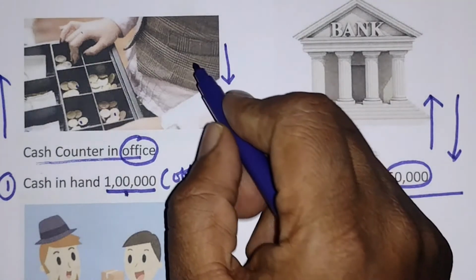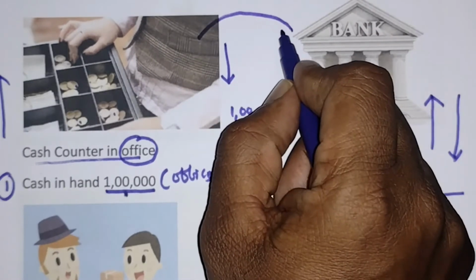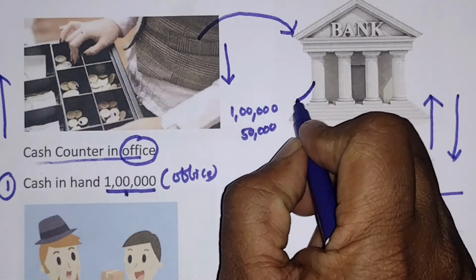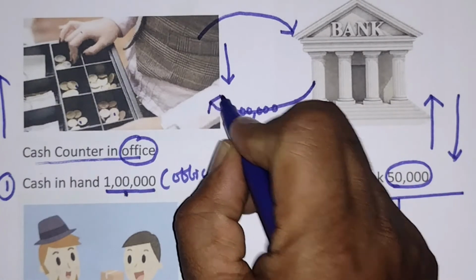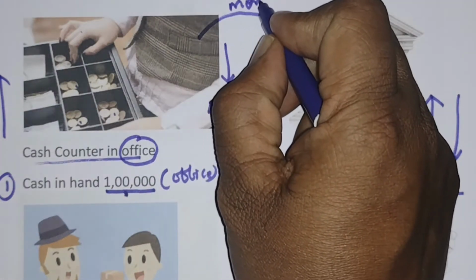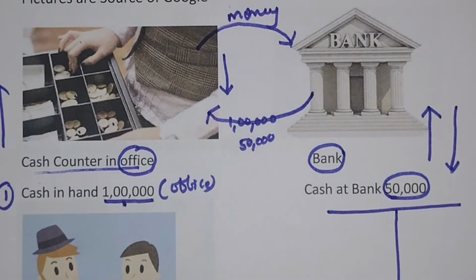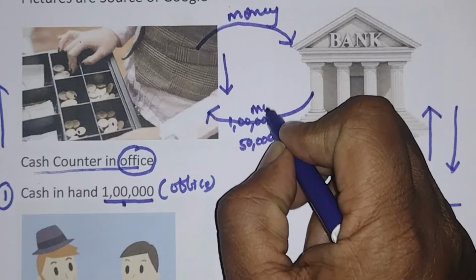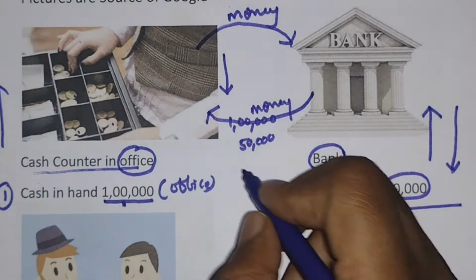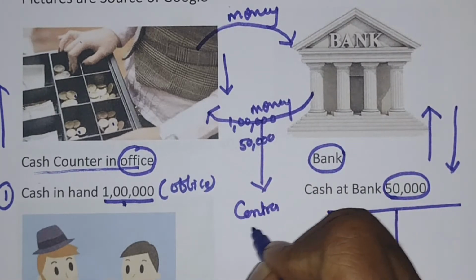The contra entry concept is that money will go from the office to the bank, or money will come from the bank to the office. This entry only is called a contra entry.